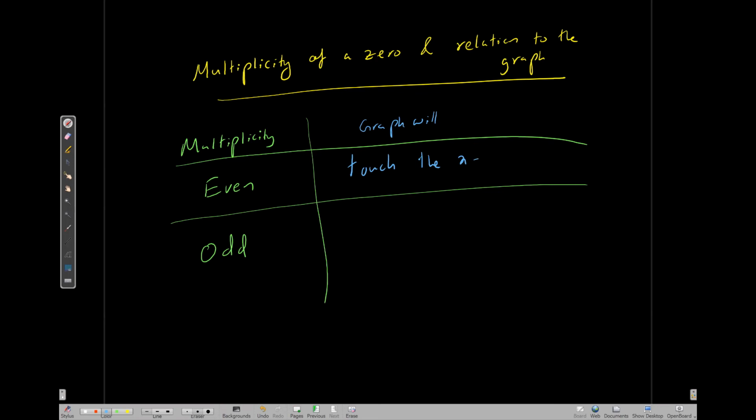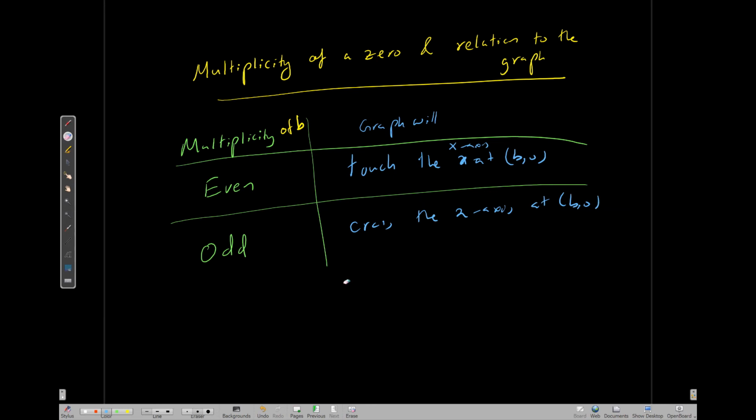Let's say the multiplicity of b is even, the graph will touch x at b comma 0, and if it is odd, the graph will cross the x-axis at b comma 0. Now what this means is this. Now let me show you.